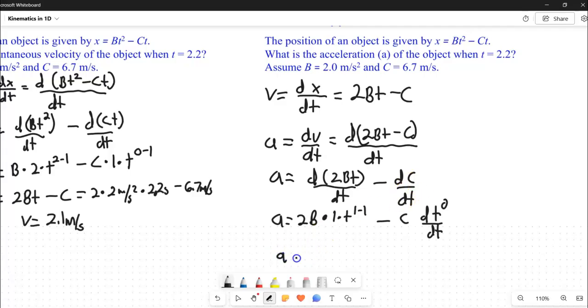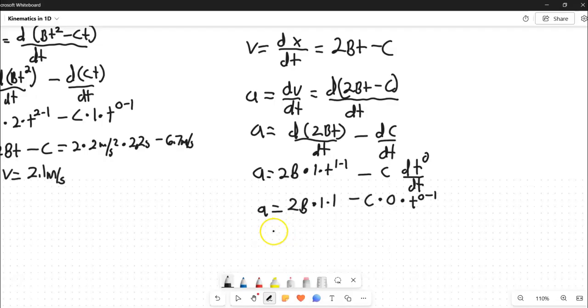Anyways, when we get to this, what we end up with is 2b times 1 times 1, and then c is going to be 0 times t to the 0 minus 1. So when we do all that, what we end up getting is just 2b.